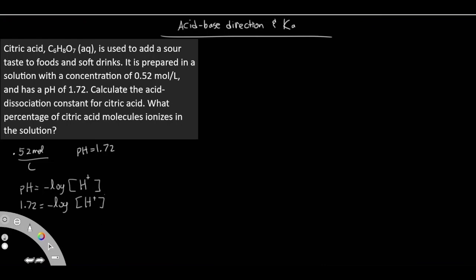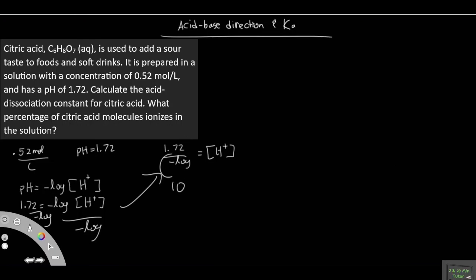If we want to find our specific concentration, we got to divide by negative log. If we do it on the right side, we got to do it on the left side over here as well. So let's give it a shot. What do you get? You end up getting an anti-log, so that would be 10 to the power of negative pH, which would be our 1.72, so 10 to the power of -1.72.